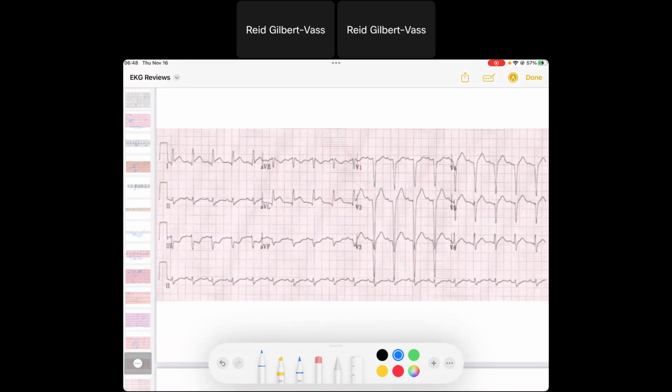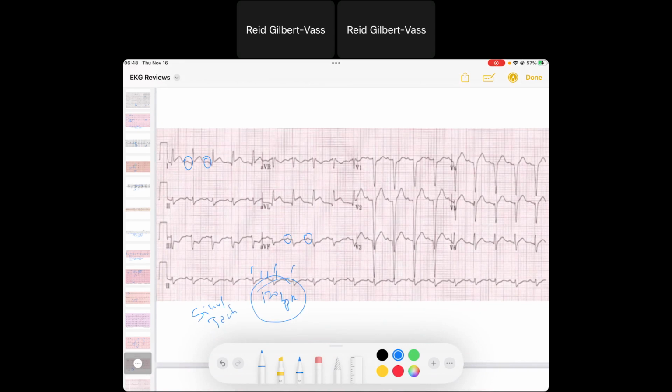So here we've got a regular rhythm. We've got a rate of 300, 150, 100, so maybe 120 beats per minute. So we've got tachycardia. We've got P waves that are up in one, that are up in AVF. So this is a sinus tach.